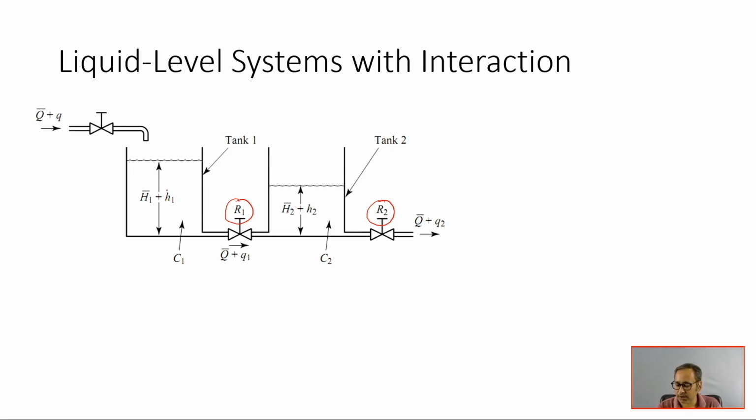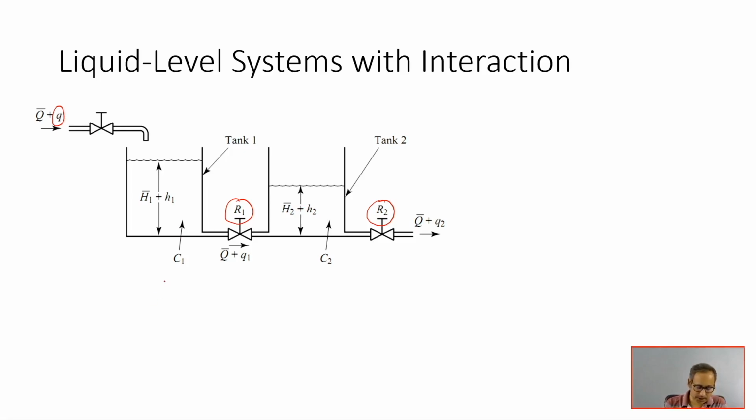The small ones are the small variations: the variation of the inflow is small q, the variation of the height of tank 1 is h1, and of tank 2 is h2, similarly q2. This variation will occur because of the input small q. If you put small q equal to 0, there will be no variation and the steady state will be maintained. Once you vary the inflow, that is called the perturbation. The small perturbation will lead to this type of variations.